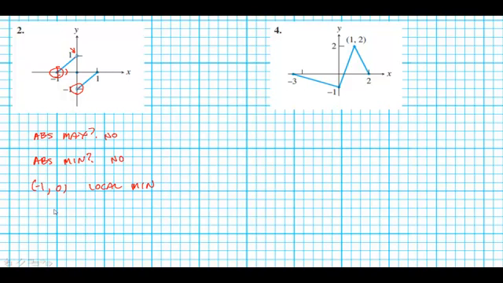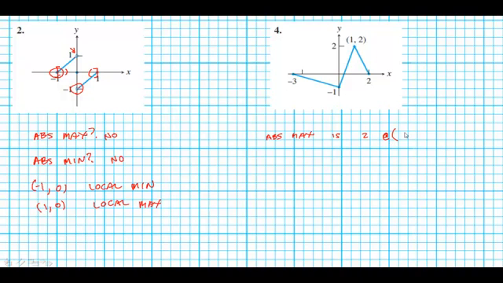Likewise, at 1, 0, there is a local max, because again I create a half-closed interval, and this point here is the highest value in that particular interval.